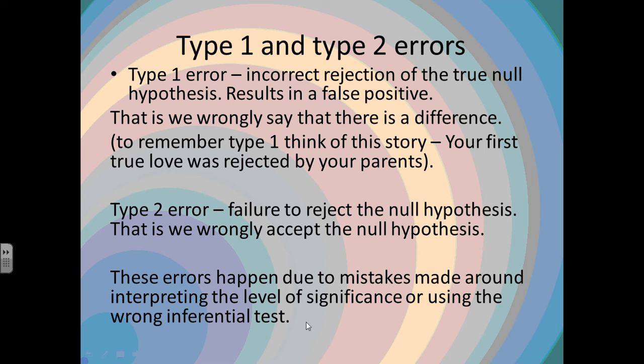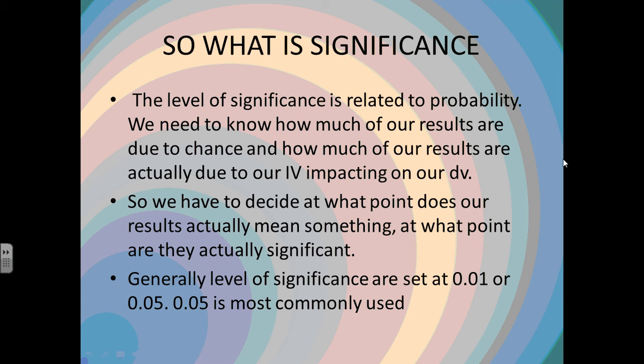Now, these errors happen due to interpreting the results incorrectly, or perhaps using the incorrect inferential test. Now, we're talking about significance, because significance relates to whether we think we've made an error or not.